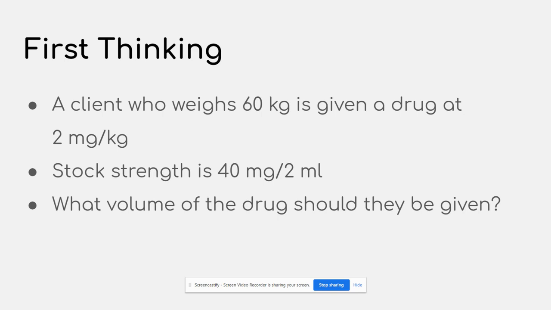The stock strength comes in 40 milligrams per 2 liters. What volume of the drug should they be given? We're not going to answer this to the very end, but this is to get you thinking about the conversions you need to know, especially when it comes to administering drugs.